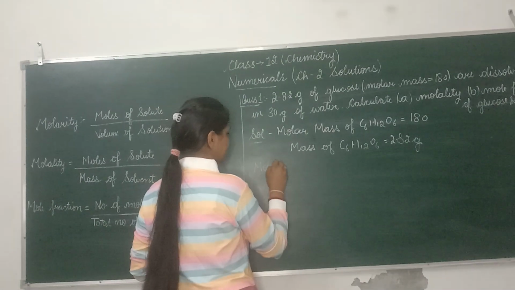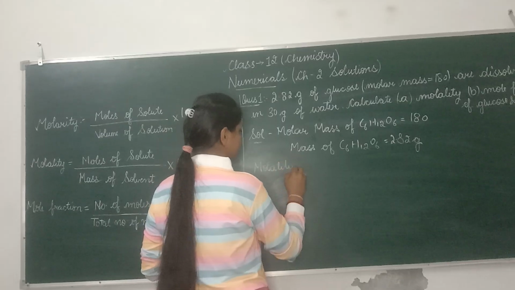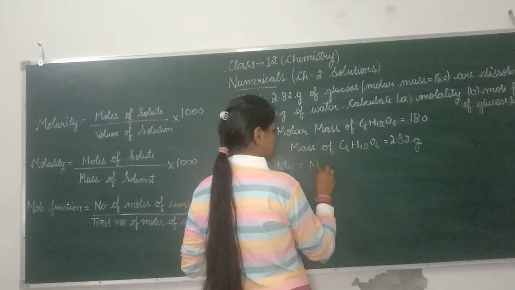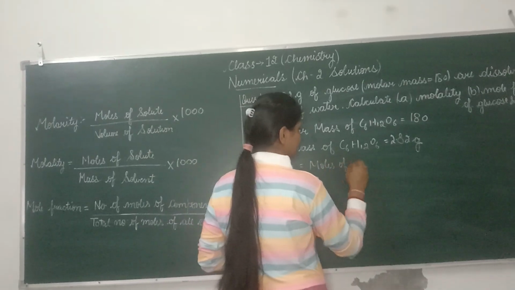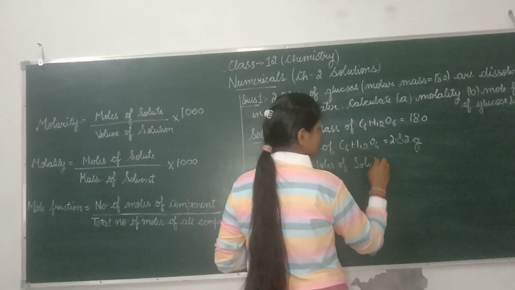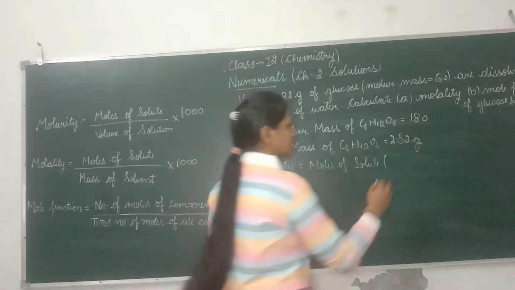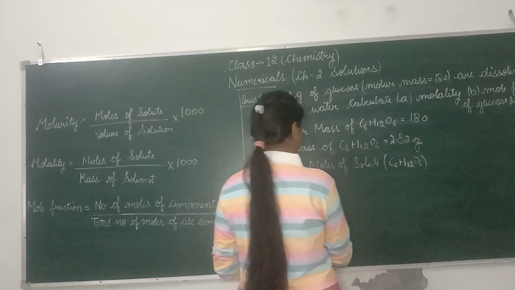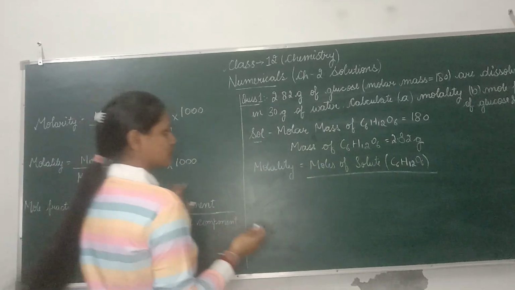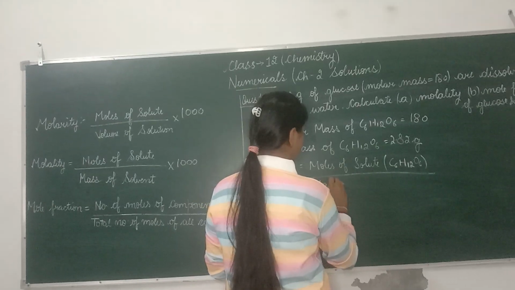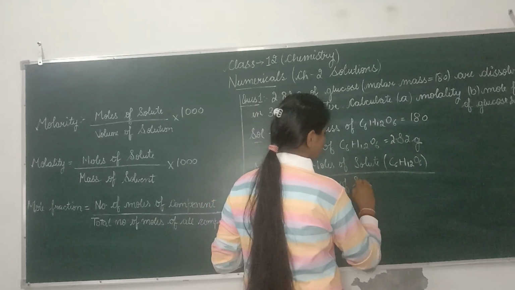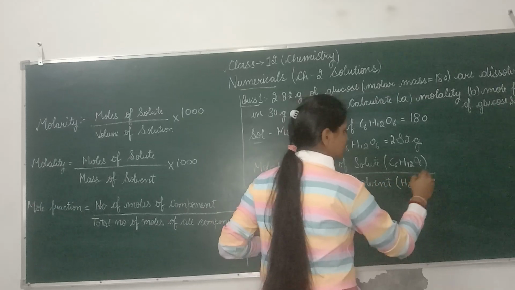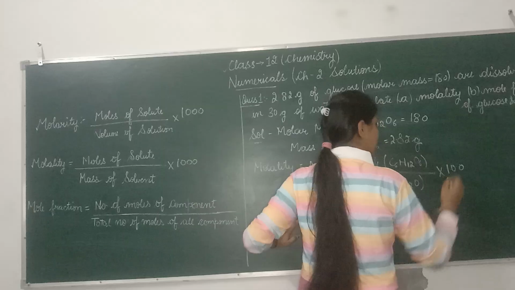The formula of molality is moles of solute, and here the solute is glucose, C6H12O6, divided by the mass of solvent. The solvent here is water, multiplied by 1000.